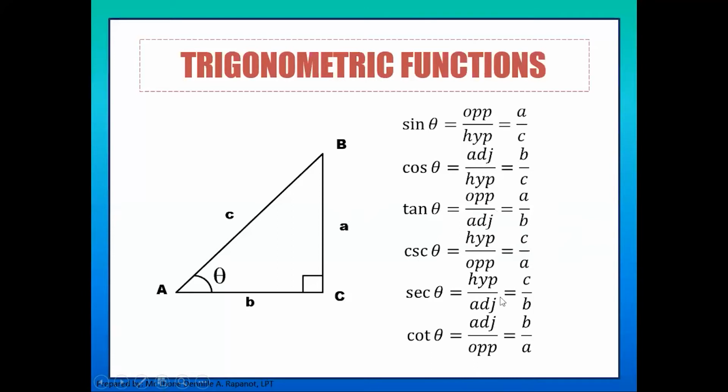Now we can picture out how we can identify values involved for your trigonometric functions with respect to your angle theta.